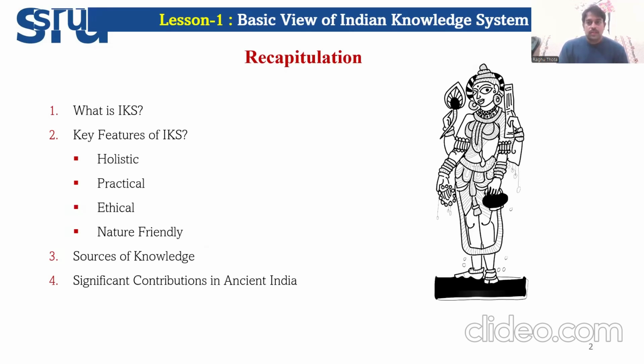Sources of knowledge during ancient times, and what are the significant contributions in ancient India by our ancestors. So these are the key important points we discussed in the previous lectures. Let us recapitulate briefly for a better understanding, and then proceed further.